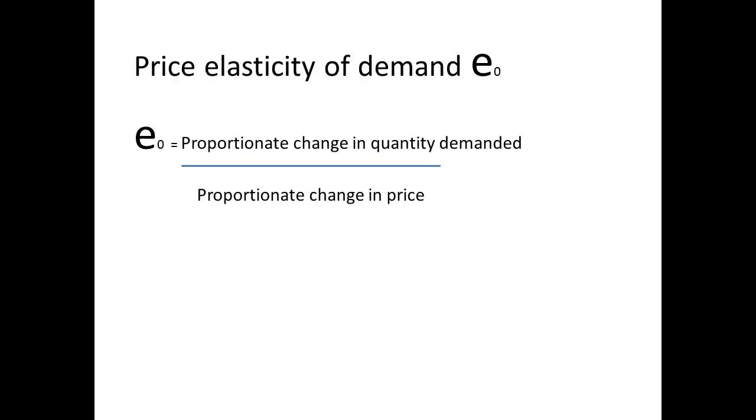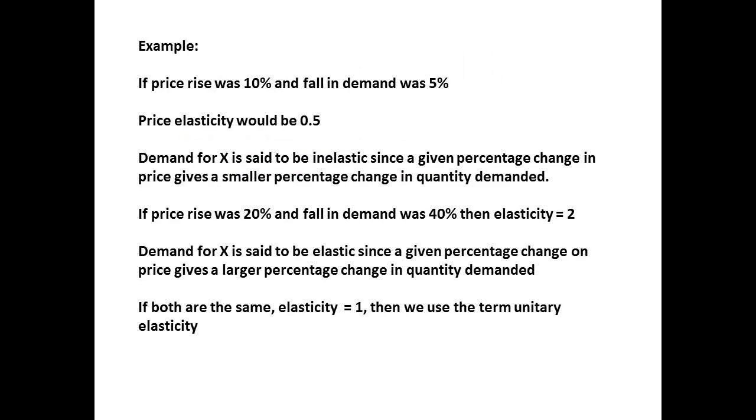The general formula for measuring elasticity of demand is to measure the proportionate change in the quantity of good X that is demanded, and to divide this by the proportionate change in price. For the purpose of illustration, we are going to consider the proportionate changes in terms of percentage. Let us suppose that the price of good X rose by 10% and that this was accompanied by a fall in demand of 5%.